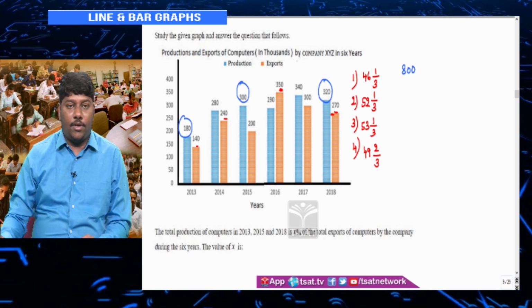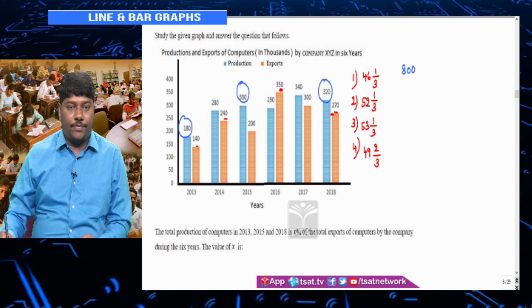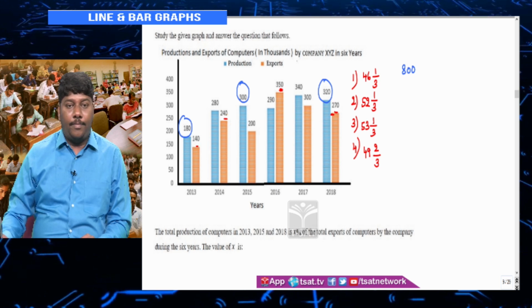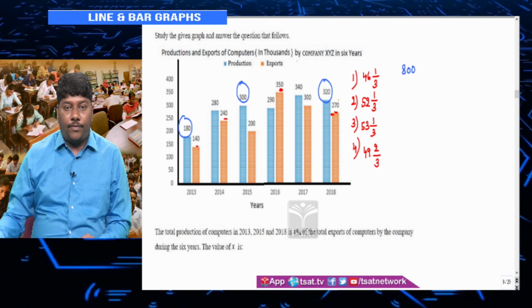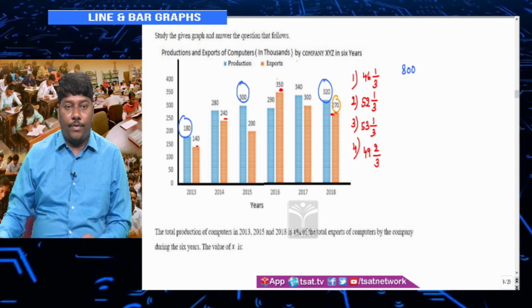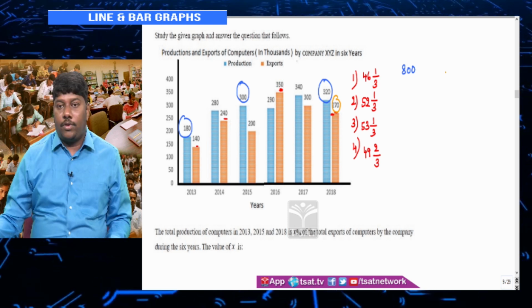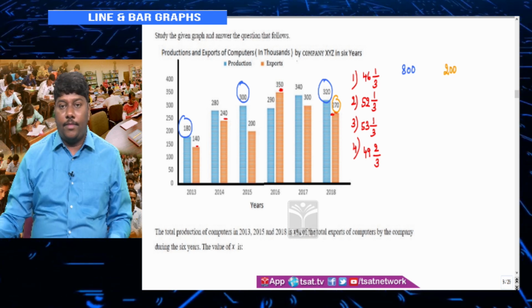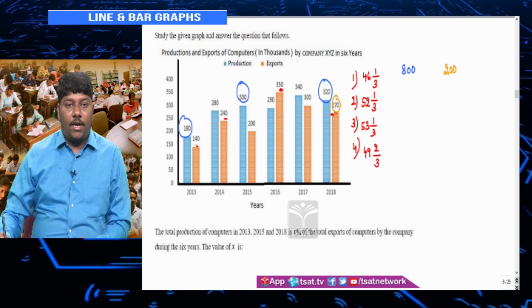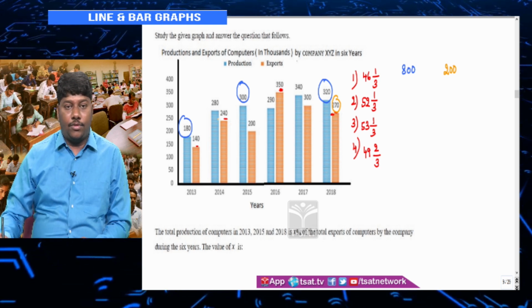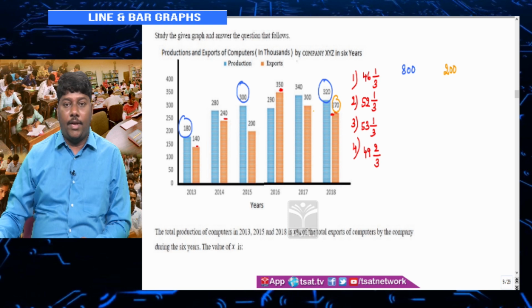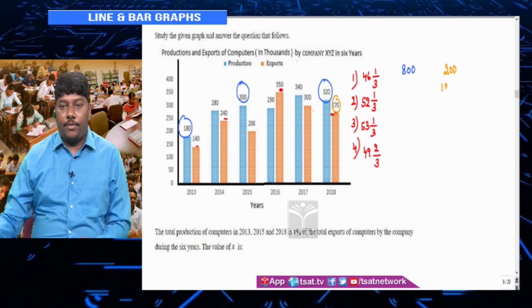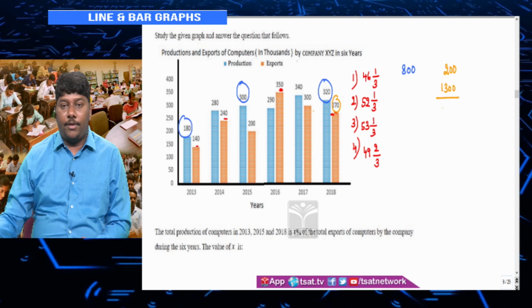Total exports, add all the orange colored: first add all the tens, 40 plus 40, 80, 80 plus 70, 150, 150 plus 50, 200, keep it aside. Then add all the hundreds, 100 plus 200, 1 plus 2, 3, 3 plus 2, 5, 5 plus 3, 8, 8 plus 5, 13, that is 1300. So 1300 plus 200 is 1500.